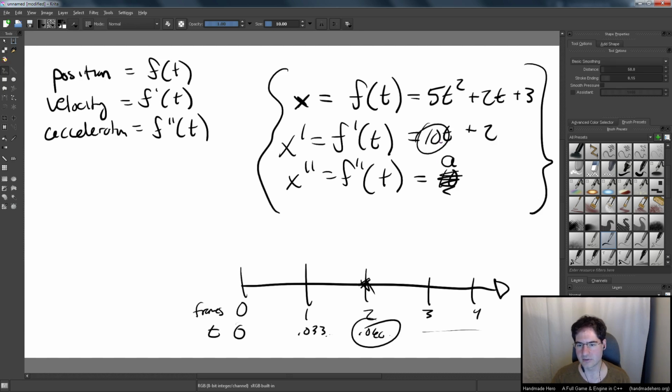The 10, remember, comes from here. So this is actually going to be a, and it's a times our t, whatever the time value actually is. And then we do plus 2. What does that 2 actually mean? Well, the 2 is essentially the existing velocity.